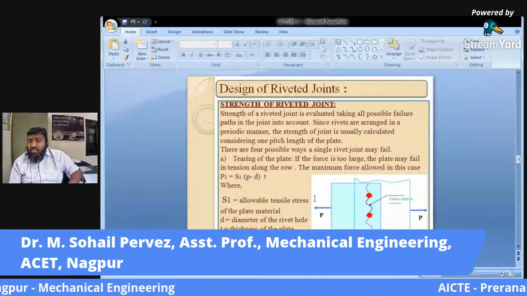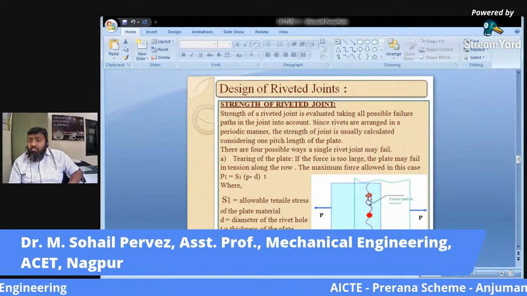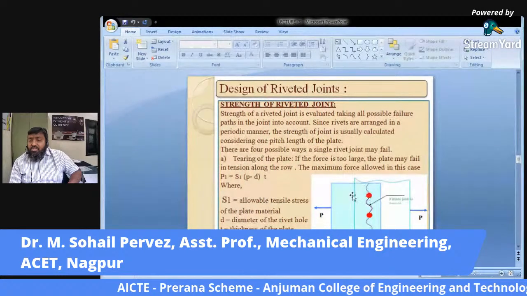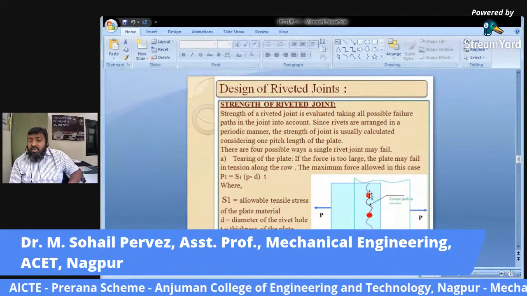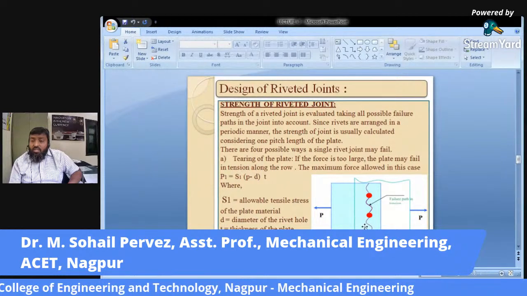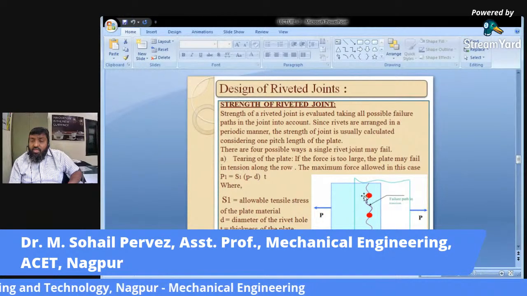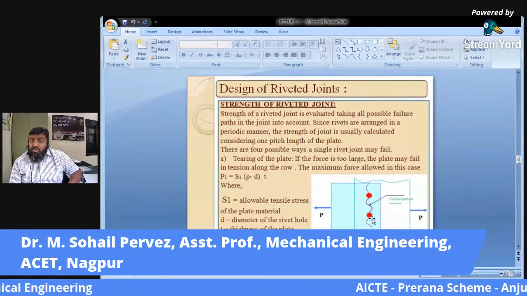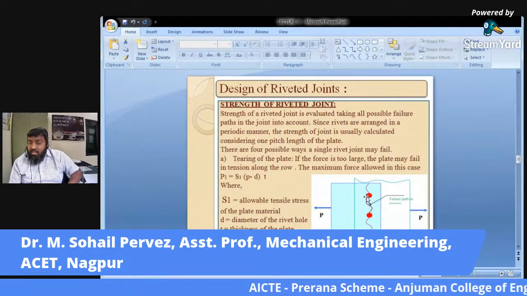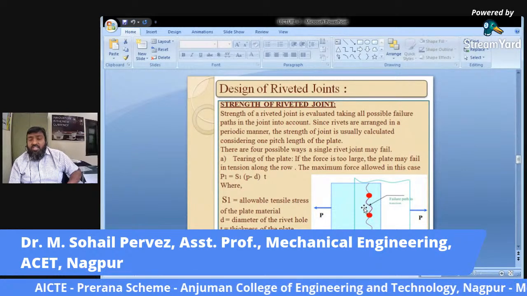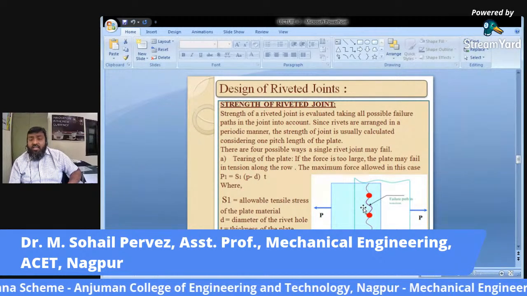P is nothing but the pitch, the linear pitch, what we generally call pitch. D means the diameter of the rivet hole, so half D, D by 2, on each side. From center to center the distance is the pitch minus these two. So this is the most susceptible area wherein this tear may occur. And t is the thickness of the plate.